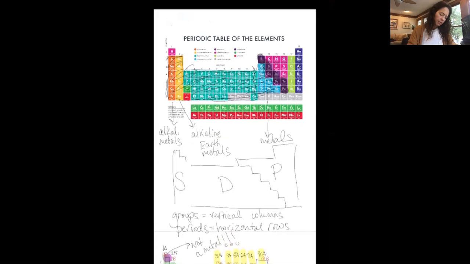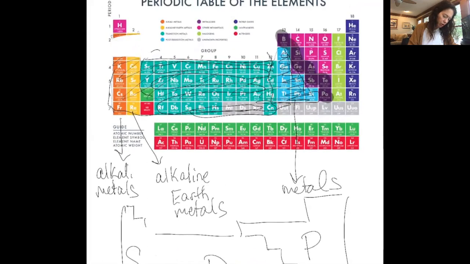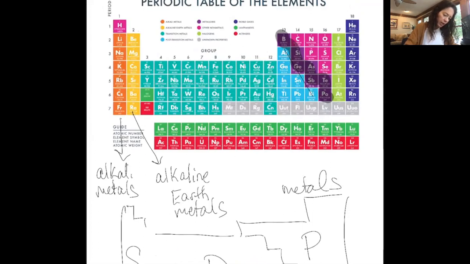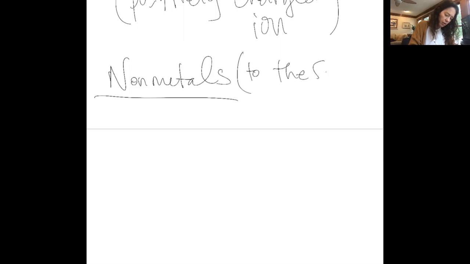Now, let me clean up my periodic table because I have scribbled all over it. It is a hot mess. Now, over here, to the right of the stair step, we have our nonmetals.